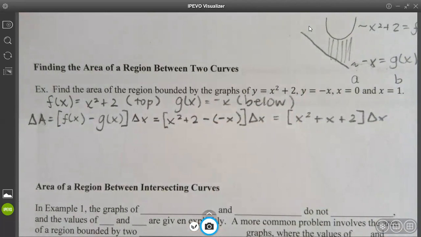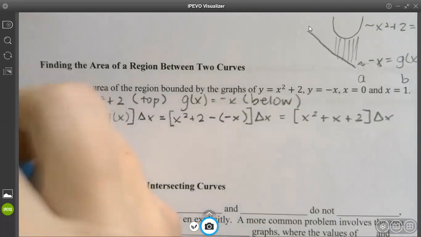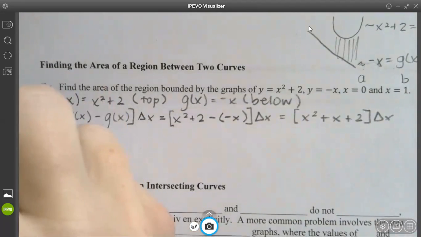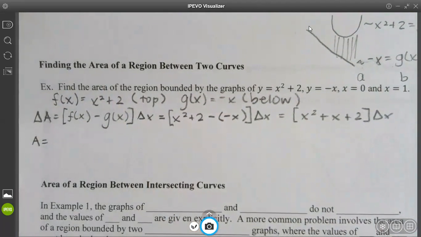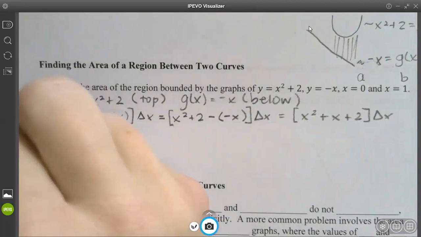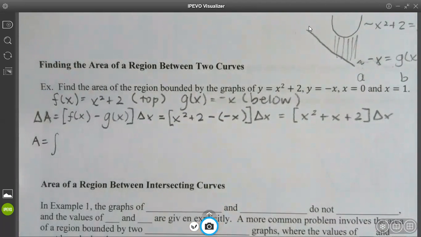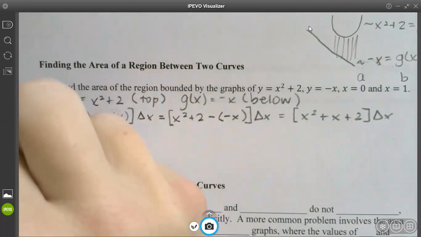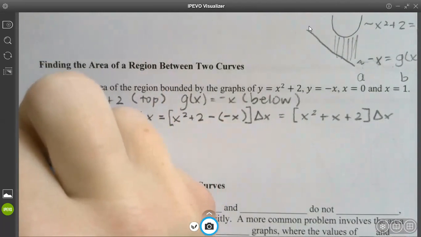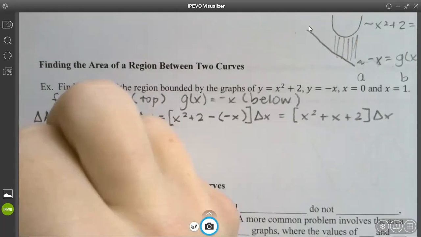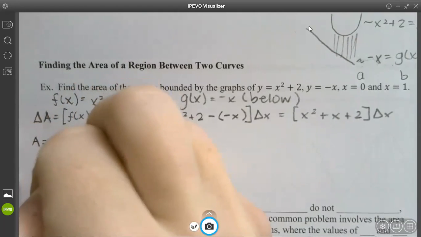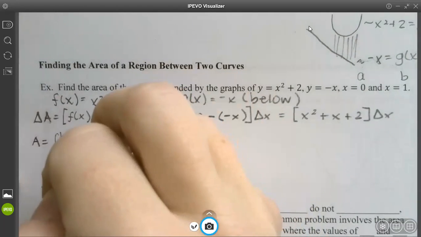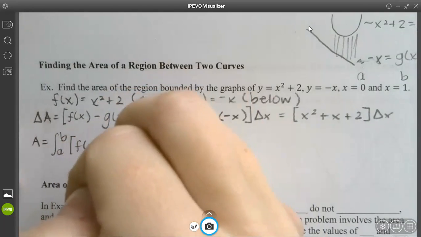Good? Everybody good? All right, so then to get A, we do the integration from a to b of f of x minus g of x. I will not write this every single time, but I want you to know where everything comes from.